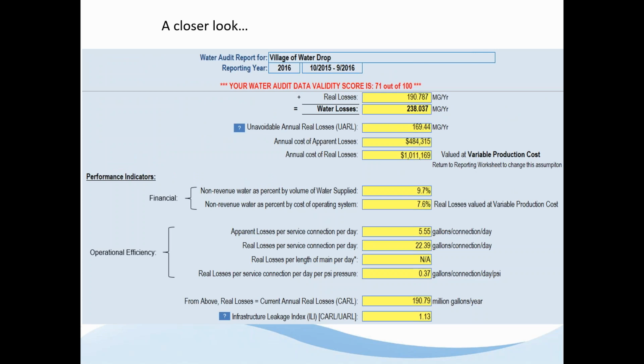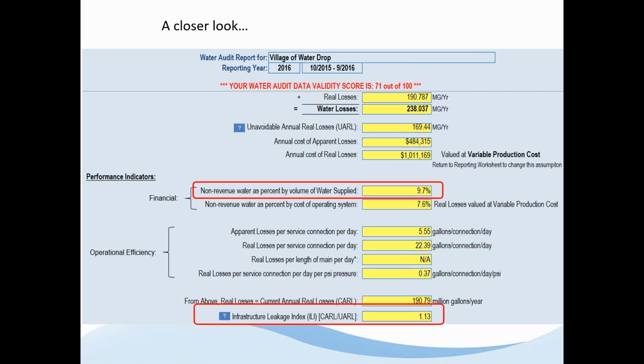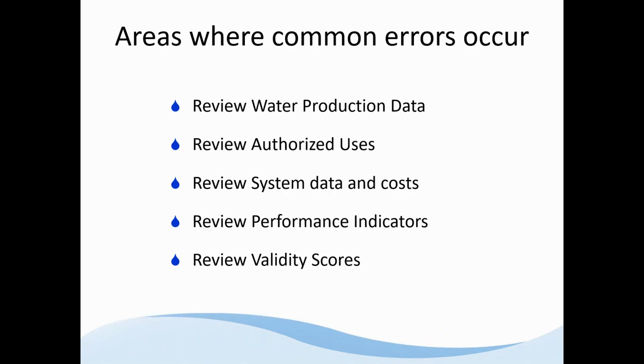So as you go through this and you look at the non-revenue water as a percentage, they're losing 9.7% of the water that they purchase and they don't sell to someone, and it gives them an infrastructure leakage index of 1.13.